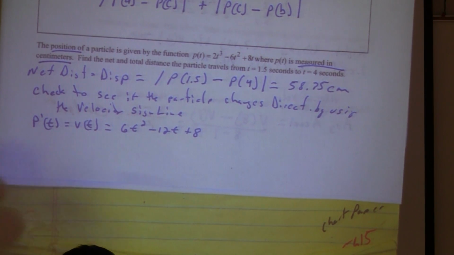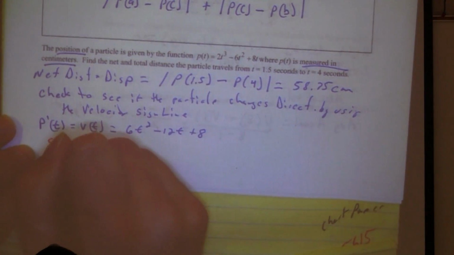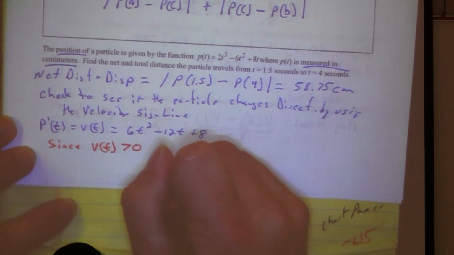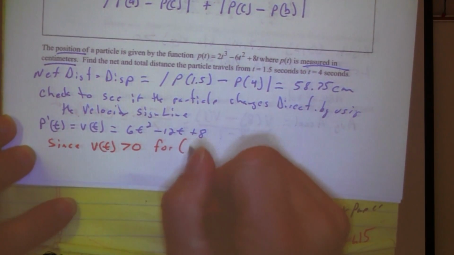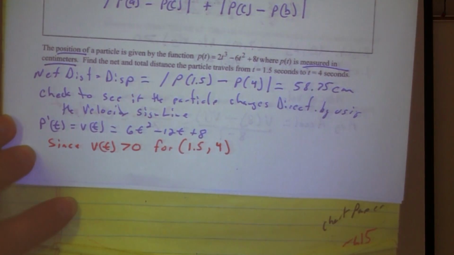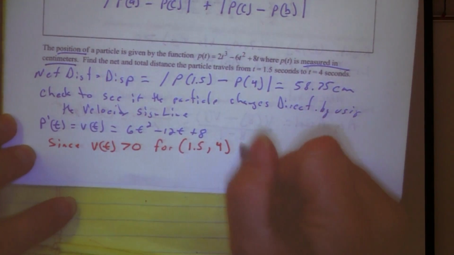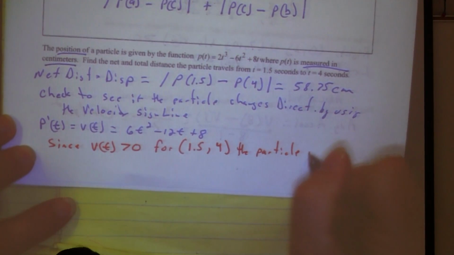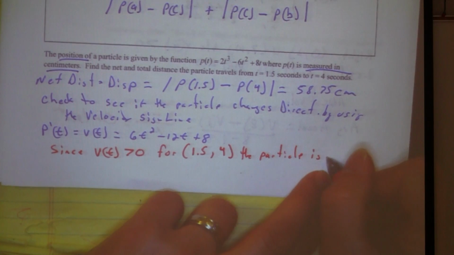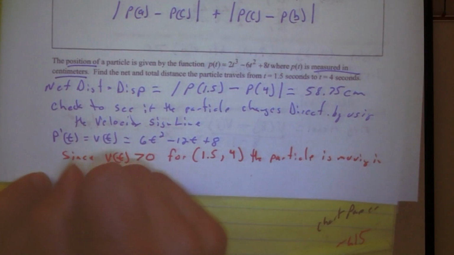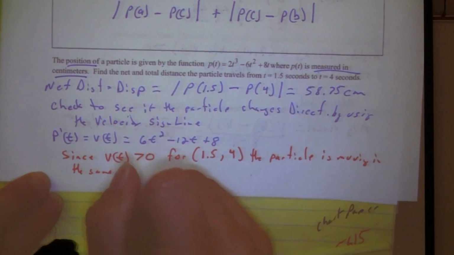Okay, so let's write all that down. Since v of t is greater than 0 for the interval 1.5 to 4, the particle is moving in the same direction.